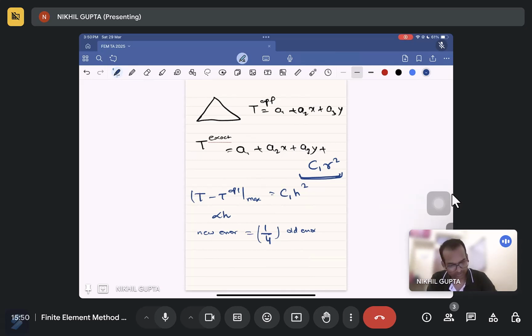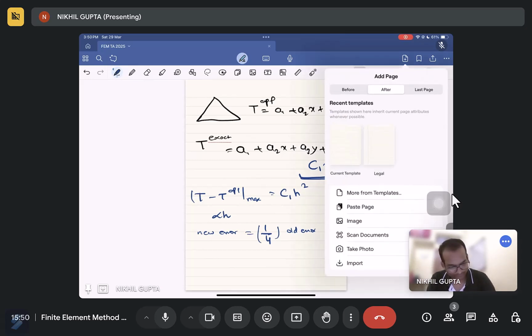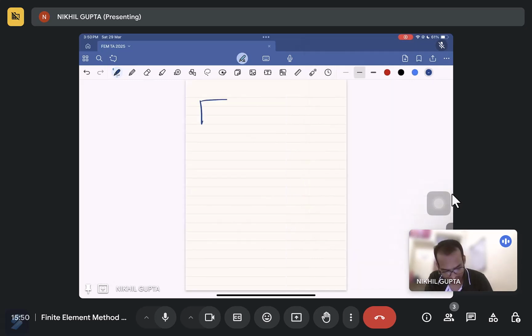But now what happens when you take a Melosh element? When you take this element, we'll take T approximate as A1 plus A2x plus A3y plus A4xy.